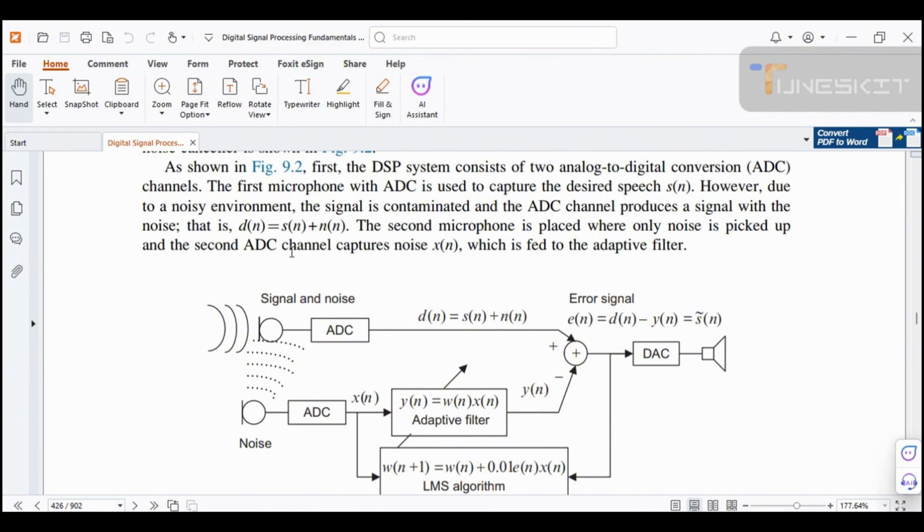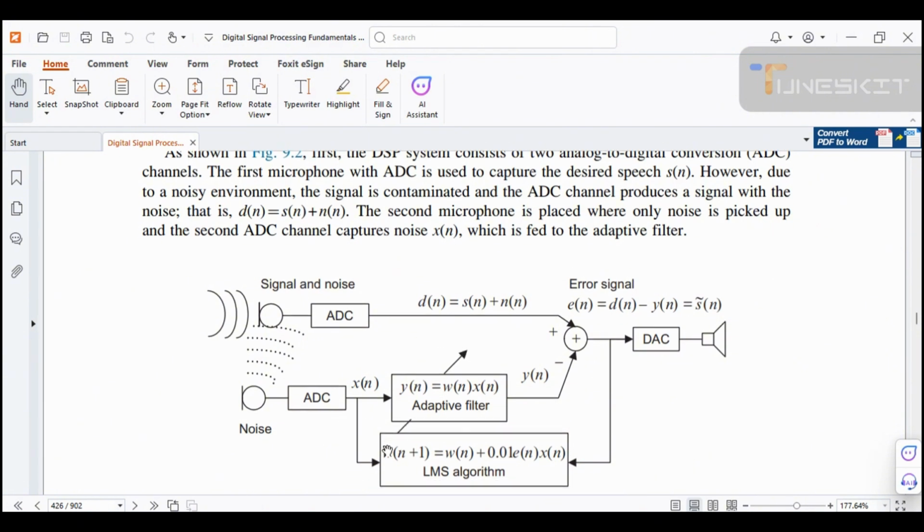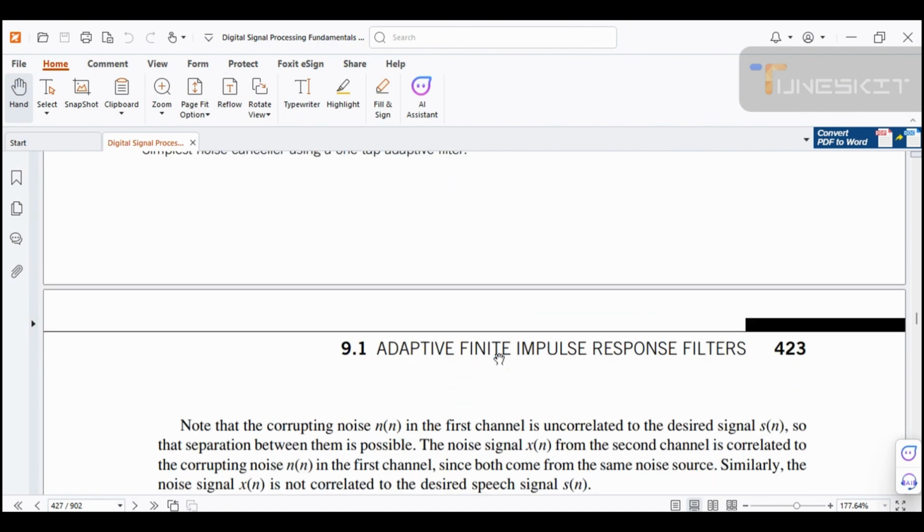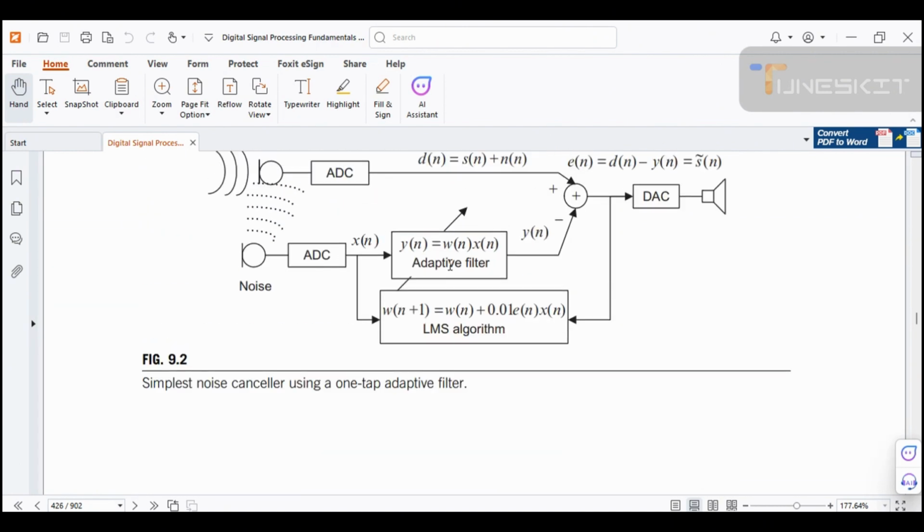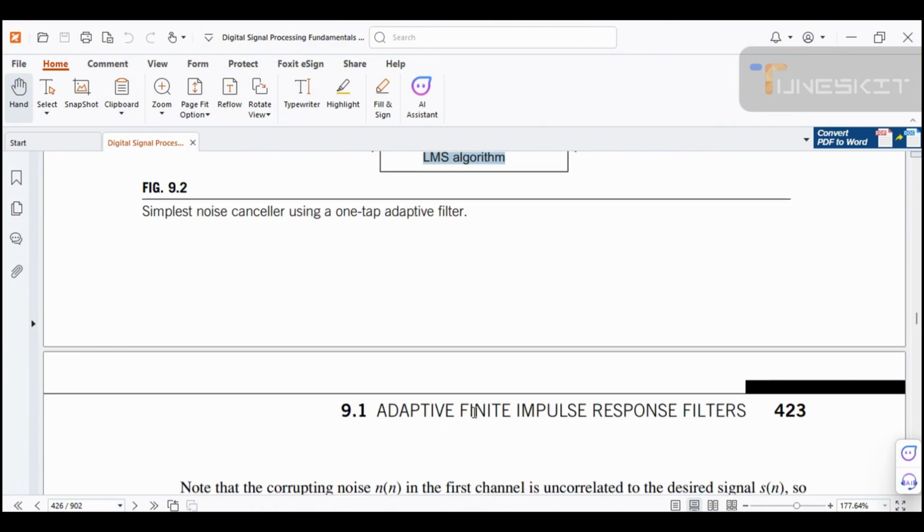Due to a noisy environment the signal is contaminated, and the ADC channel produces a signal with noise. A second microphone is placed where only noise is picked up, and the second ADC channel captures noise x of n, which is fed to the adaptive filter. Then we use the LMS algorithm there.